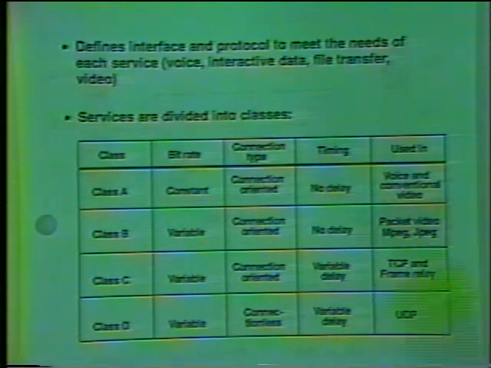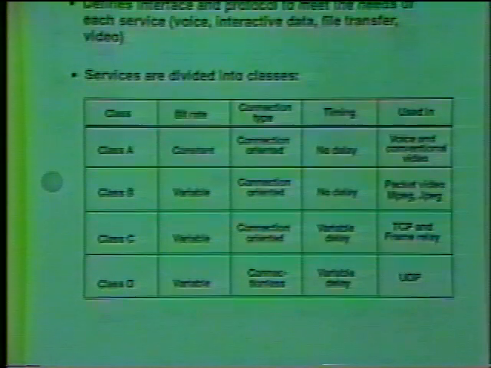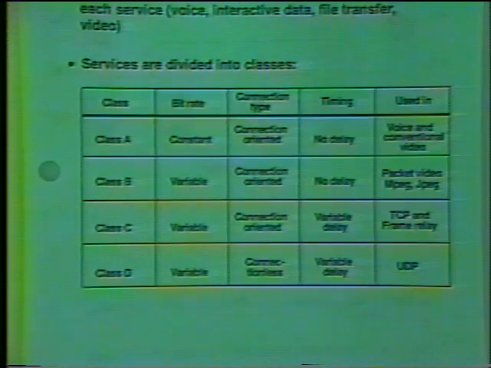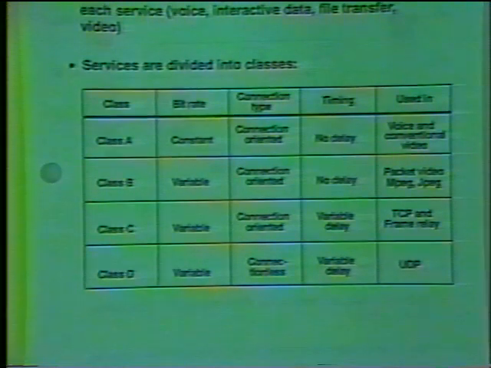I'll give you a second to look over the rest of the classes, Class B, C, and D. So essentially we've got 4 classes, and different AALs are going to be associated with particular classes.